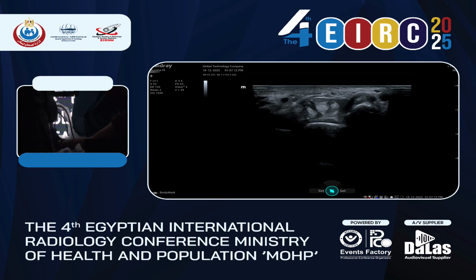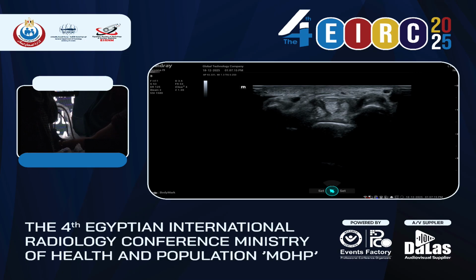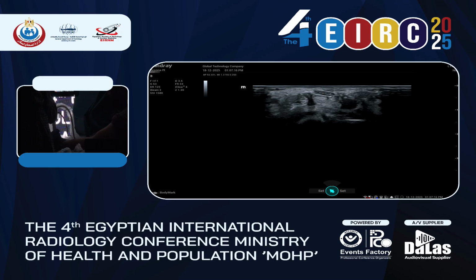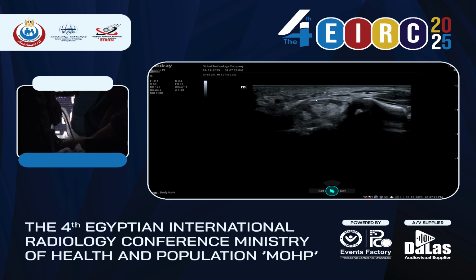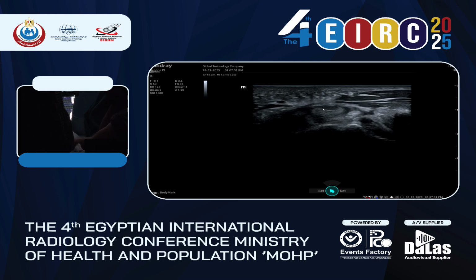Sometimes we see that the nerve is impinged before the entrance of the tunnel, so proximally to the entrance. So here at this level, we see a huge nerve. That means it is very big, okay? So it is impinged. Where? At the entrance, at this level. But if we see that when we move distally, the nerve becomes very flat because it is impinged by the transverse ligament, okay?